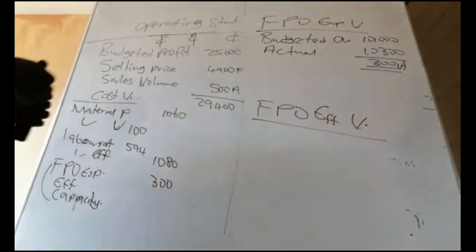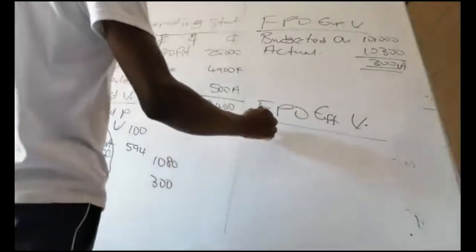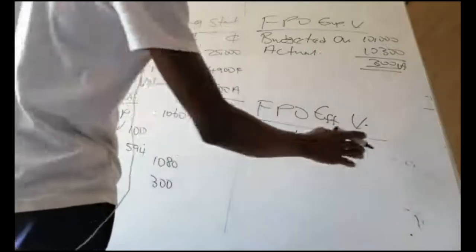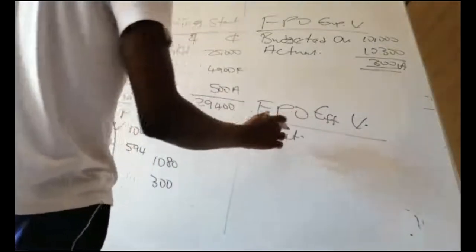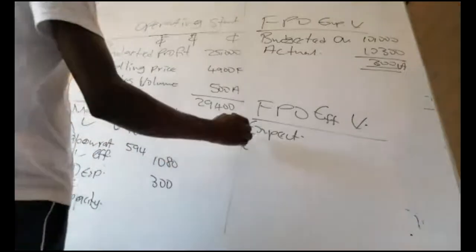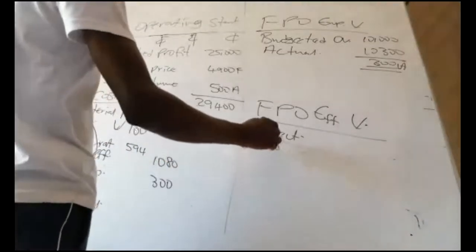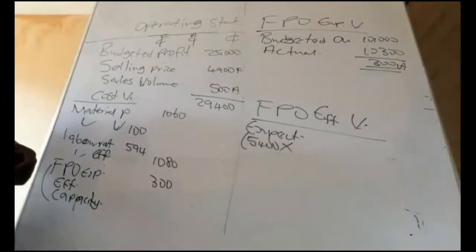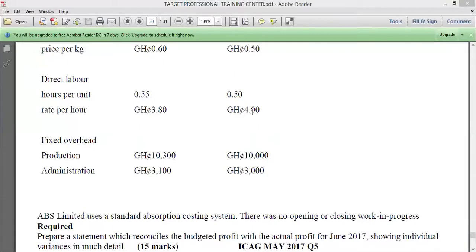So the expected labor hours, I think we had 2,700 or so. Let's do the calculation. Expected, per the standard, we have produced actual units. How many hours do you have to spend on the job? Per the standard, we have to spend 0.5.